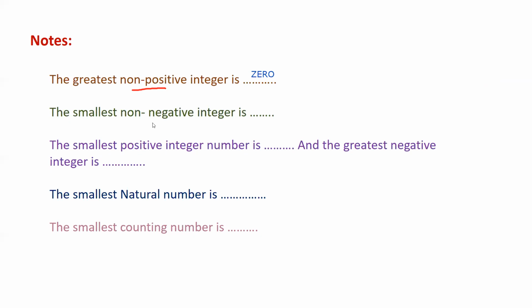Again, non-negative means not a negative, so it may be 0 or it may be positive. Which will be smaller than the others? Of course, 0 here will be smaller than any positive number. So the smallest non-negative integer is 0.